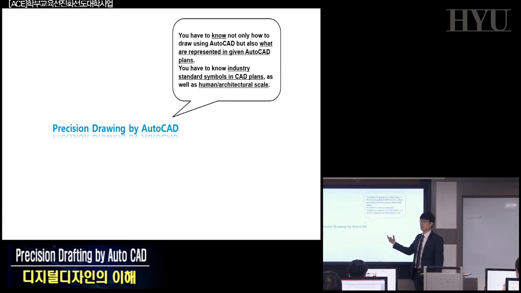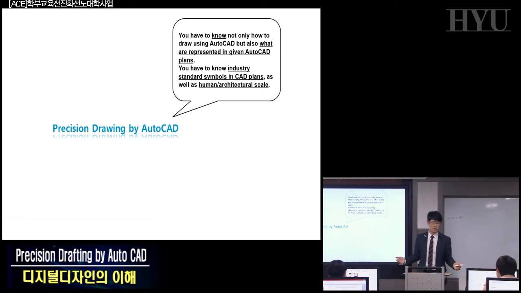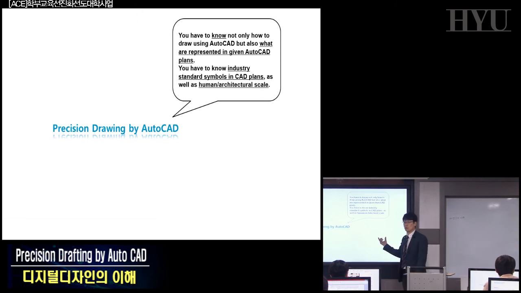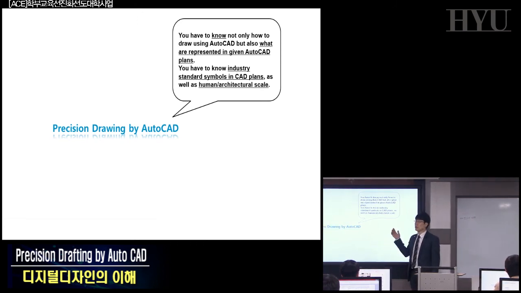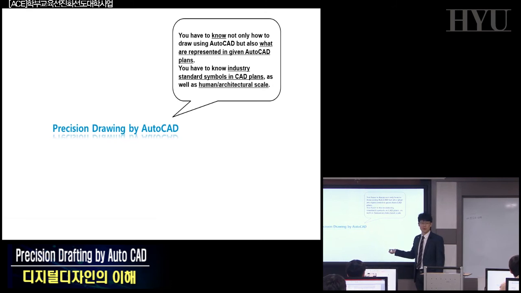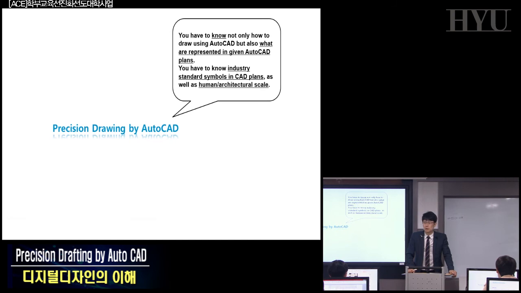For example, if you draw a wall which has a thickness of 50 centimeters, 500 millimeters, that's very unusual. In the real world, there are very few or almost no walls of such thickness, okay? In general, an exterior wall has 300 millimeters, interior structural walls 200 millimeters, or 15 centimeters wall thickness for partitioning walls, something like that, okay?